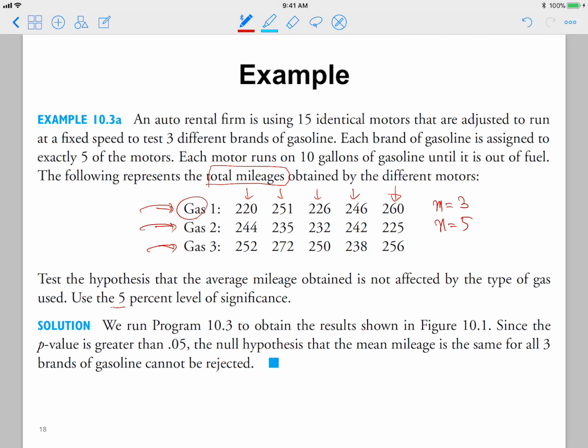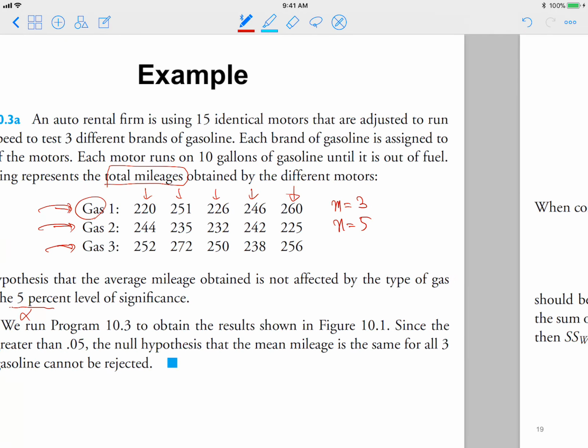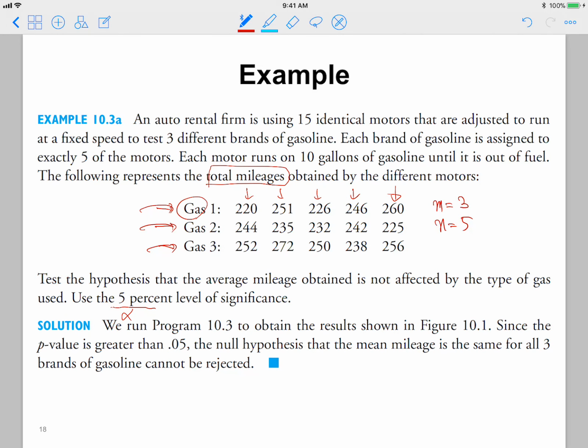Here the level of significance is 5%, which means alpha is 0.05. We compute the test statistic and see if the p-value is greater than or equal to 0.05. If the p-value is less than 0.05, we reject the null hypothesis.